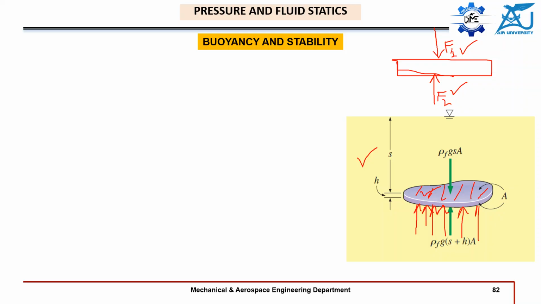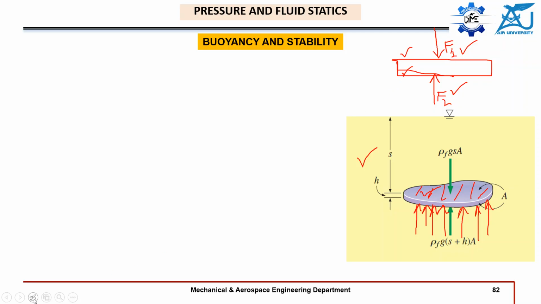The reason is because, anyone else, can anybody tell me why the hydrostatic pressure on the bottom surface will be higher than the upward surface? Because as we go in depth, hydrostatic pressure increases. Yes, right. Good. Okay, so as we move downwards in a fluid with increase in depth, the hydrostatic pressure increases.